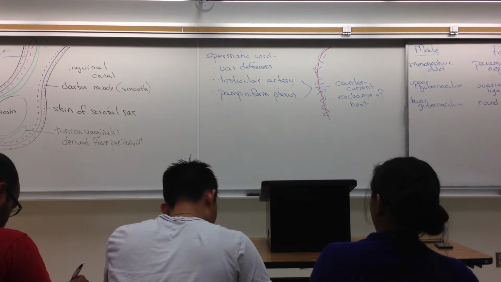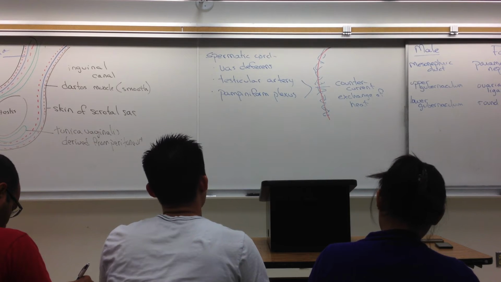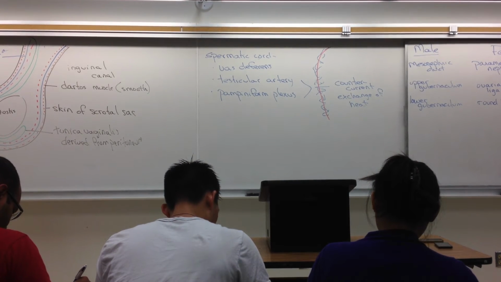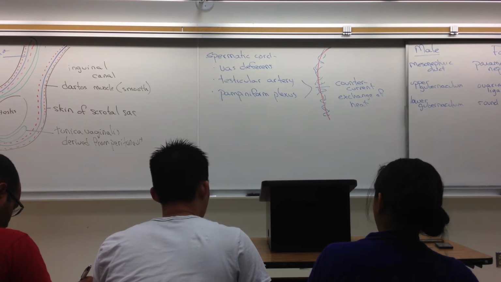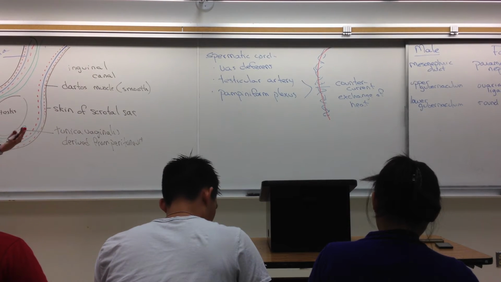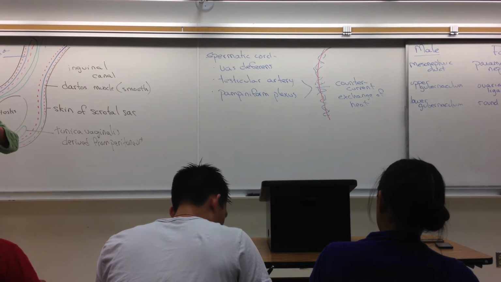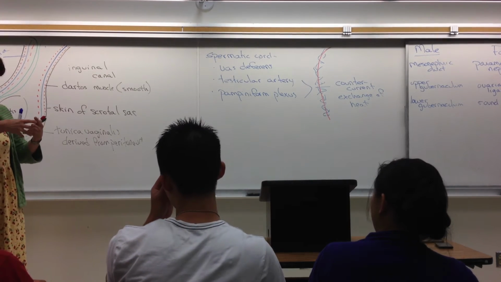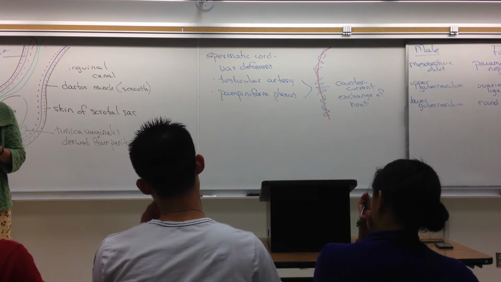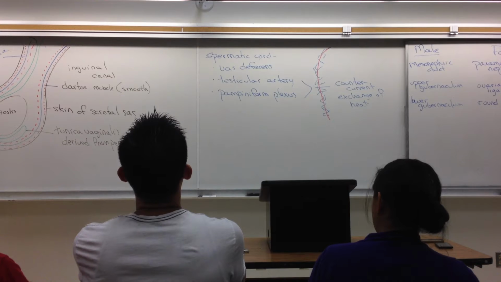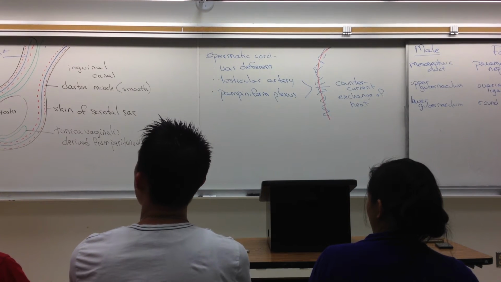If the arterial blood is going directly into the testes, that would carry too much heat energy with it, and would be harmful to the development of the sperm. So the veins wrap intimately around it, and heat is transferred from the testicular artery to the pampiniform plexus. That warms up the pampiniform plexus as that blood leaves the scrotal sac.